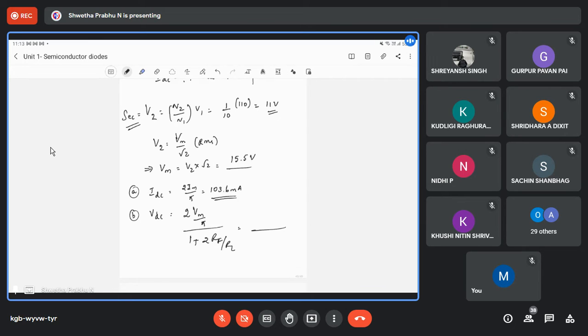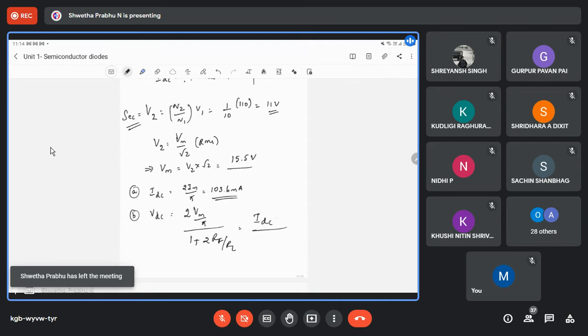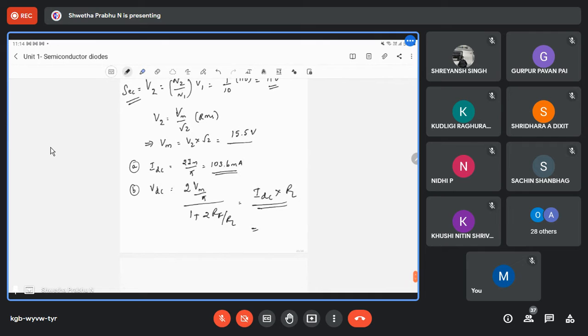Correct. Either you can use this equation or you can also use this equation, that is IDC into RL. So 8.5 volts is the answer. Others, please verify. Don't simply copy. You solve and verify the answer and then you write.